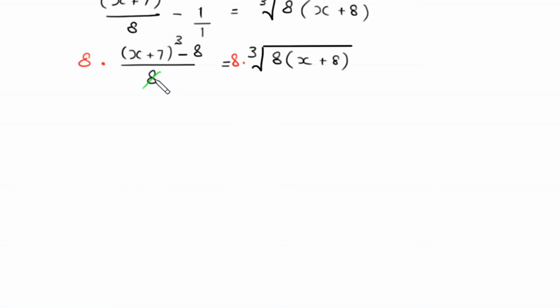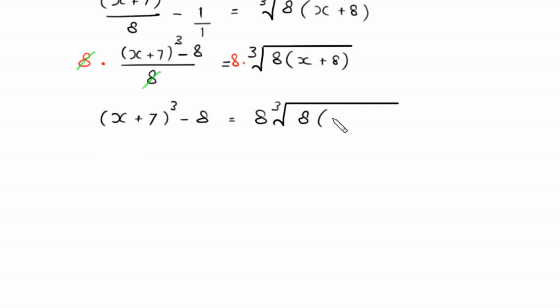So this 8 will be cancelled out with this 8, and at left hand side we are left with (x plus 7) whole cubed minus 8 is equal to 8 times cube root of 8 times (x plus 8). This 8 is same as 7 plus 1, so we write here 7 plus 1.